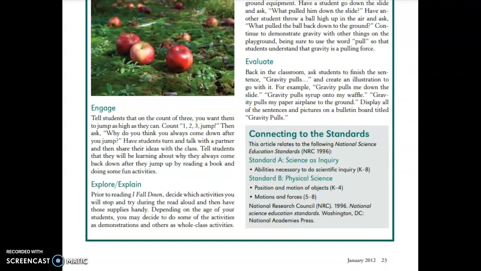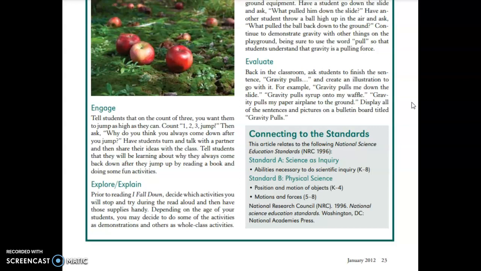And then lastly, for evaluate, when we go back to the class, students are going to be asked to finish the sentence, "Gravity pulls," and then create illustrations to go with it. I modified it so that students can do a little independent work.